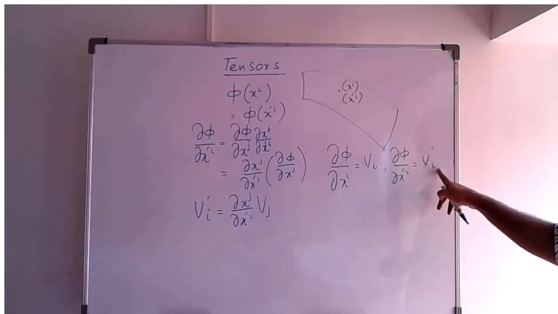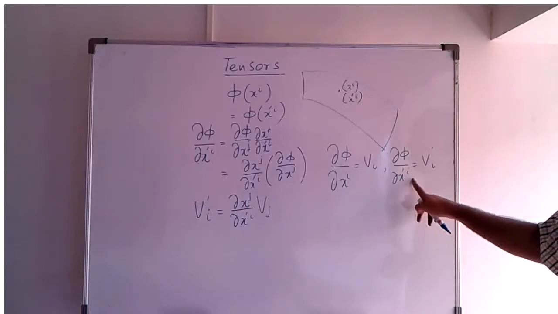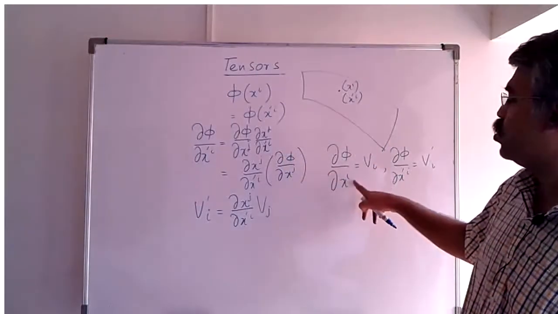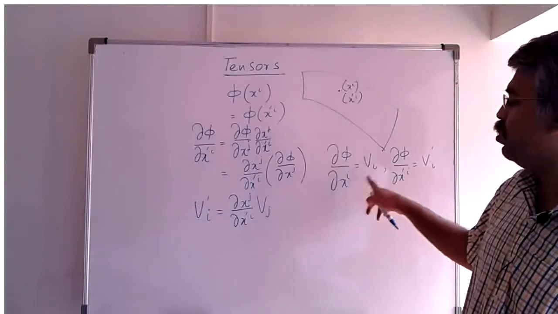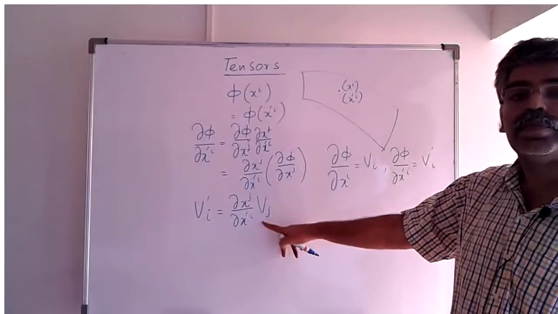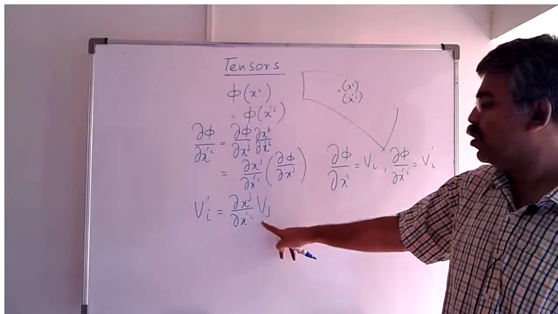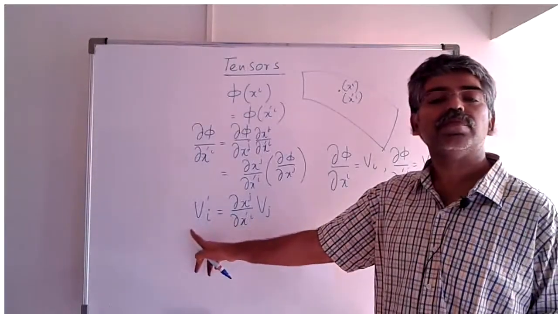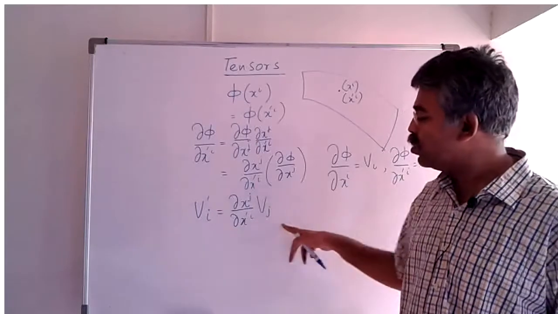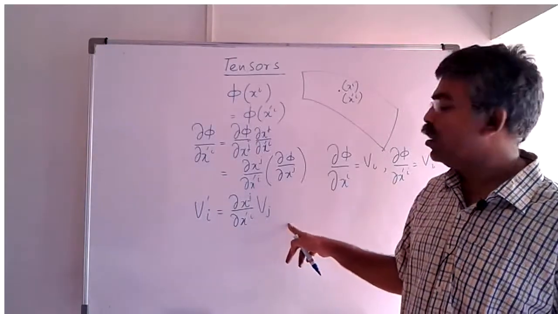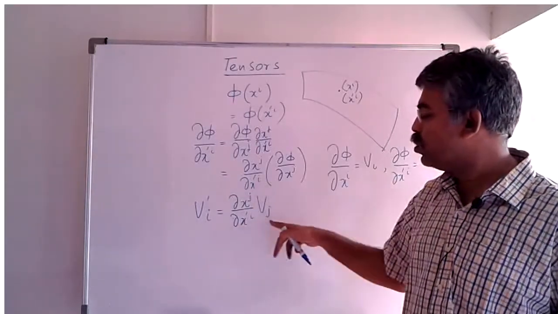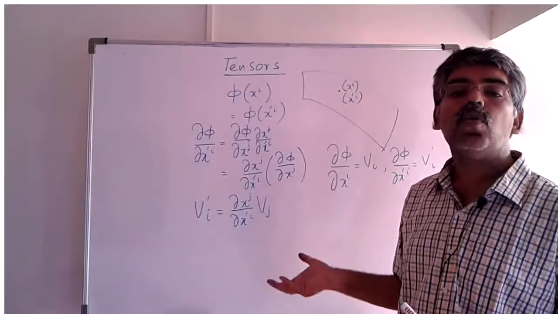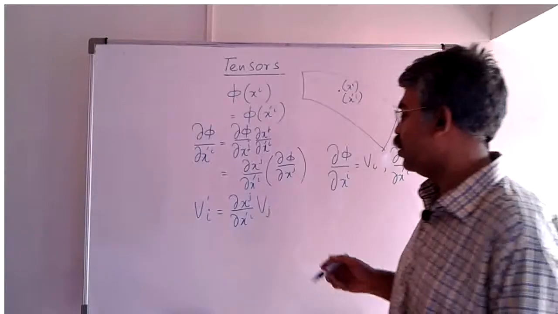Whatever free index I am taking here, it will appear here. Here this is del phi del xj, that means this is j. So naturally this will be j. That's what I have written. So the vector field transforms like this, right? What is this rule of transformation? This rule is a rule for transformation of a covariant vector.